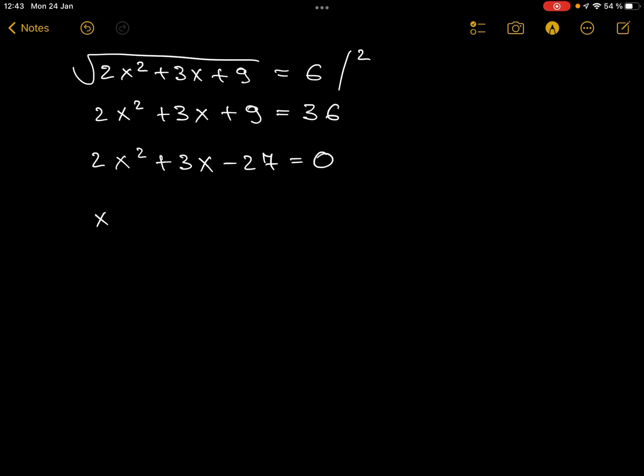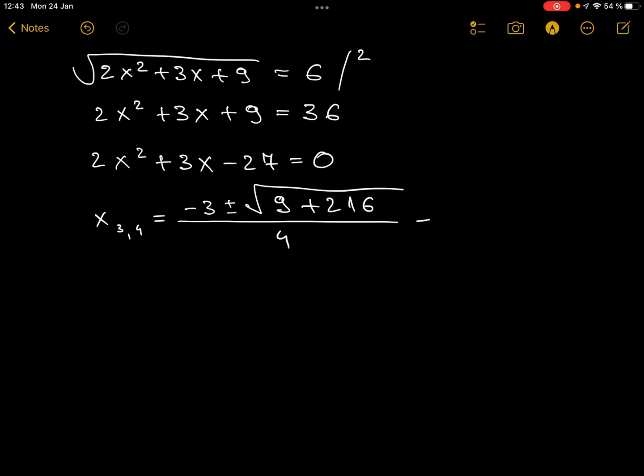Or in other words, I'm just going to put it down as x34, since we already had x12, is equal to negative 3 plus or minus the square root of 3 squared, which is 9, minus 4 times 2 times negative 27, which will give us a value of positive 216, over 2a, which is 4.